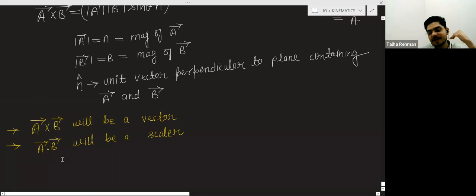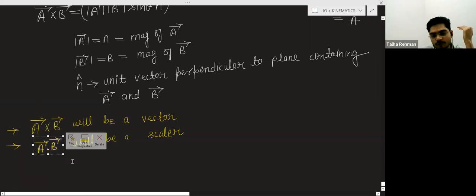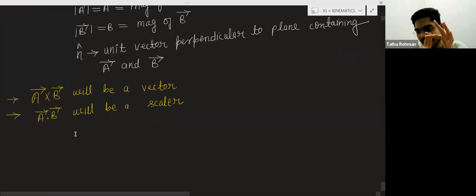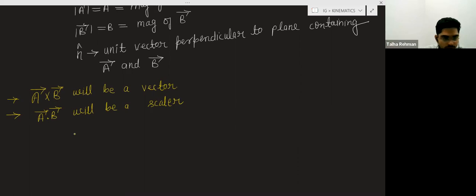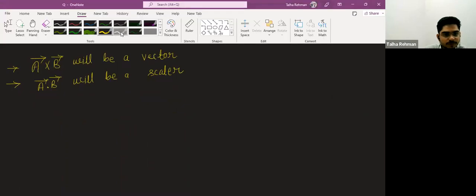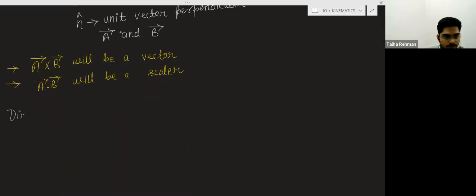So there we have written A dot B. What result are we getting? We are getting a scalar result. And here A cross B is a vector, and for a vector we define the magnitude and we define the direction. Now, for the direction of A cross B, why am I calculating the direction of A cross B?